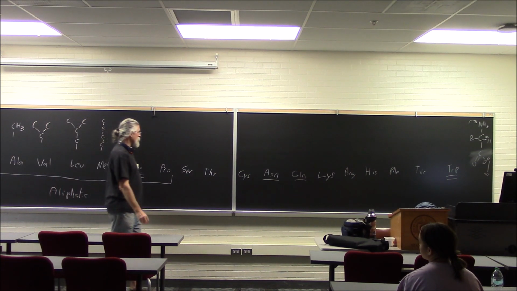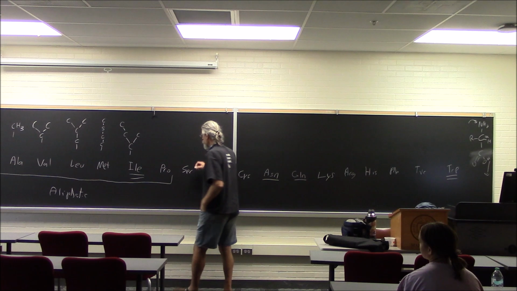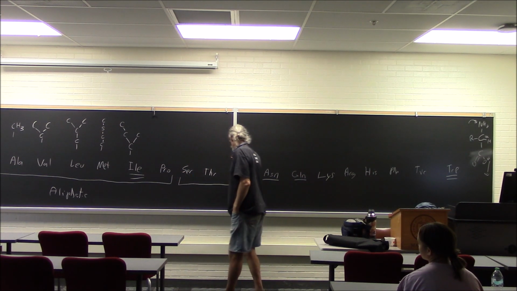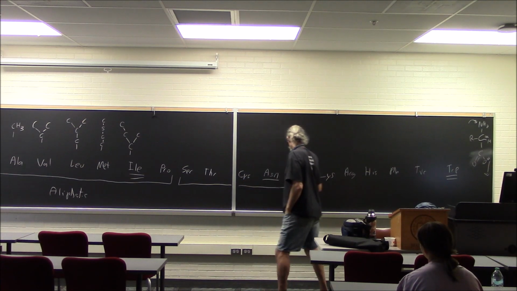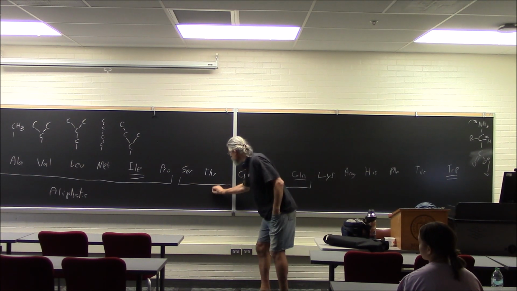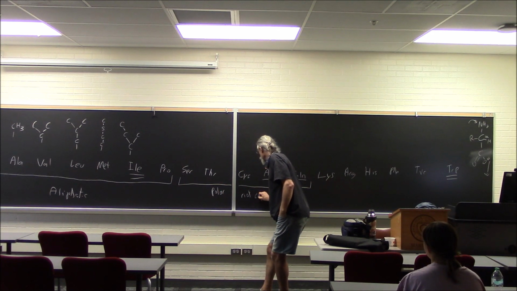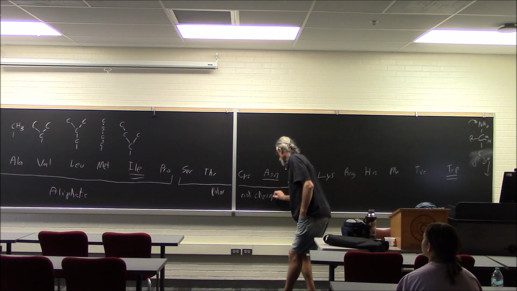Proline, so proline's the weird one. Let's skip over it and come back to it. Serine, so these are all of the polar not charged amino acids.